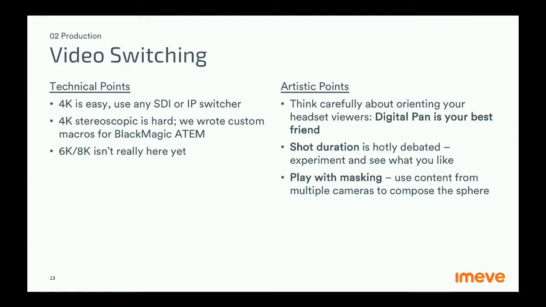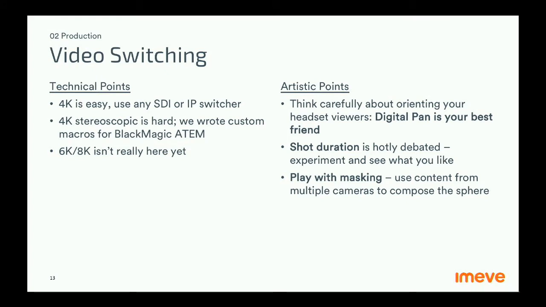Now, video switching, so moving down the pipeline here from your capture to the actual switching, a few points here. First of all, 4K is easy. 4K equipment is very easy to come by these days, and of course, we consider 4K to be the minimum resolution for a 360 production.